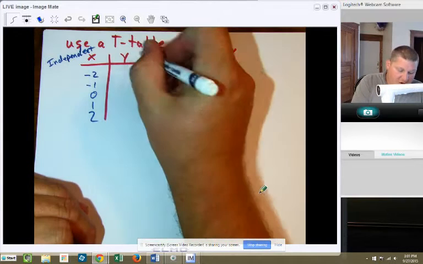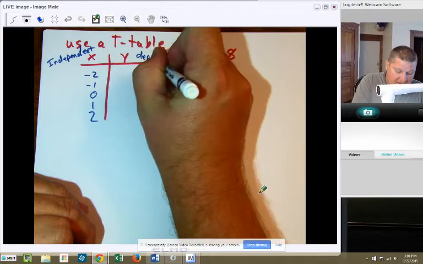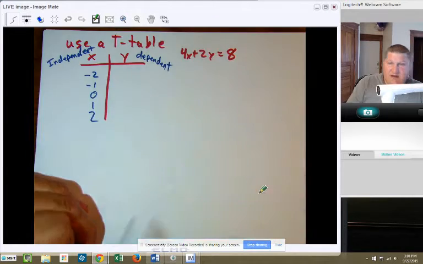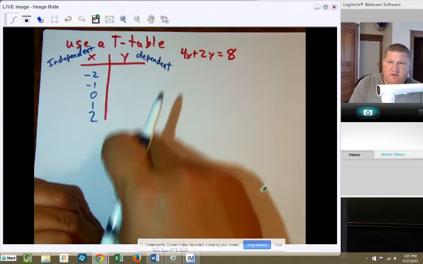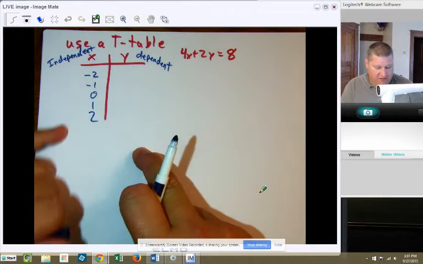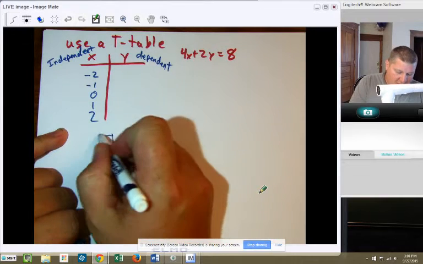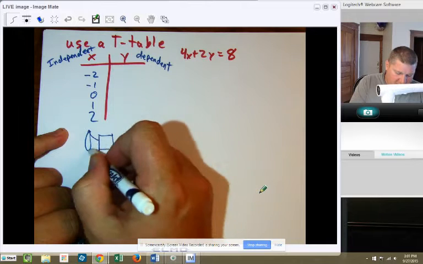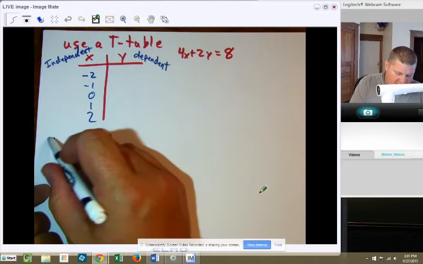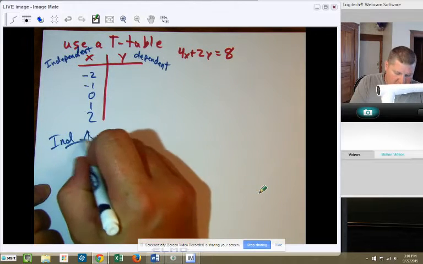Over here, this is called the dependent variable, because a dependent variable depends on, comes out of, whatever this is. And this has to do with our function system. When we have a function, that means we're going to take an independent variable and put it in.